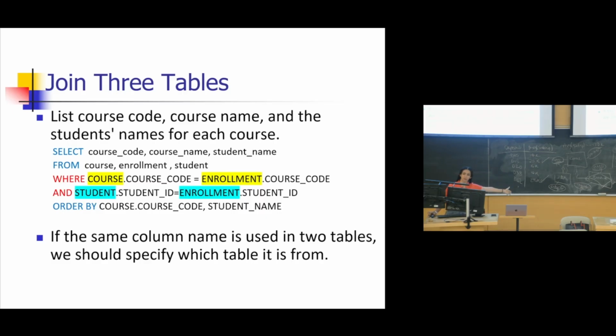Instructor ID could be from the instructor table or could be from the course table. Or, for example, a student ID could be from the enrollment table, could be from the student table. So you always have to specify that, okay? But if the names are different, then it is obvious which table it's from.